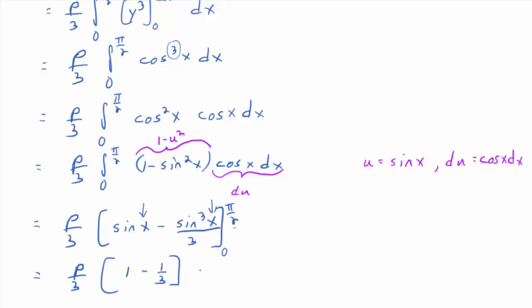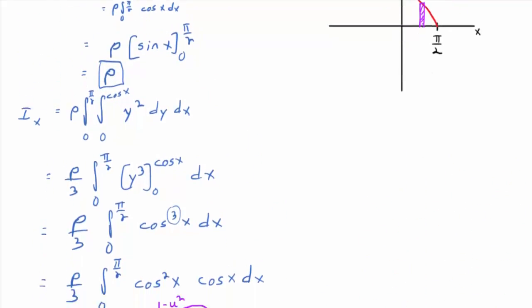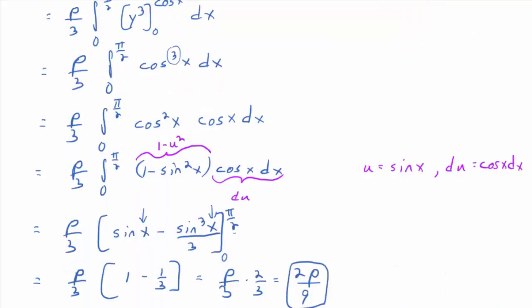So that ends up being rho times 2/3, which is 2 rho over 9. So that's I sub x. I sub x is 2 rho divided by 9.